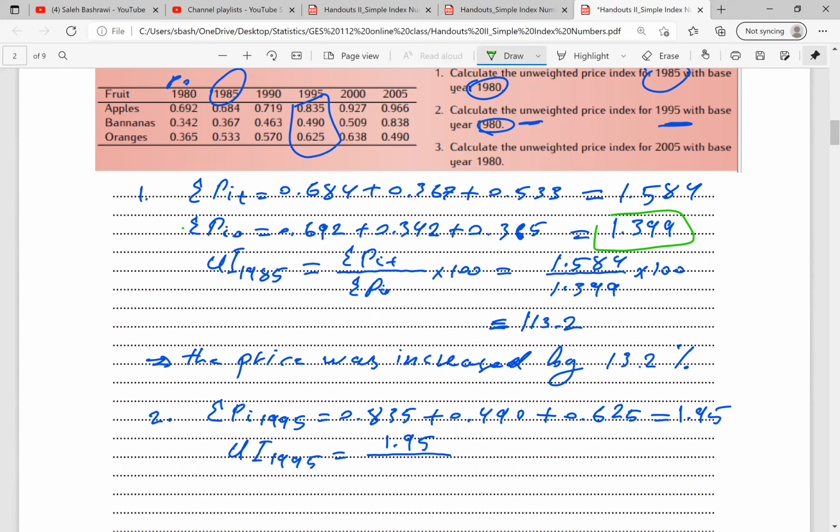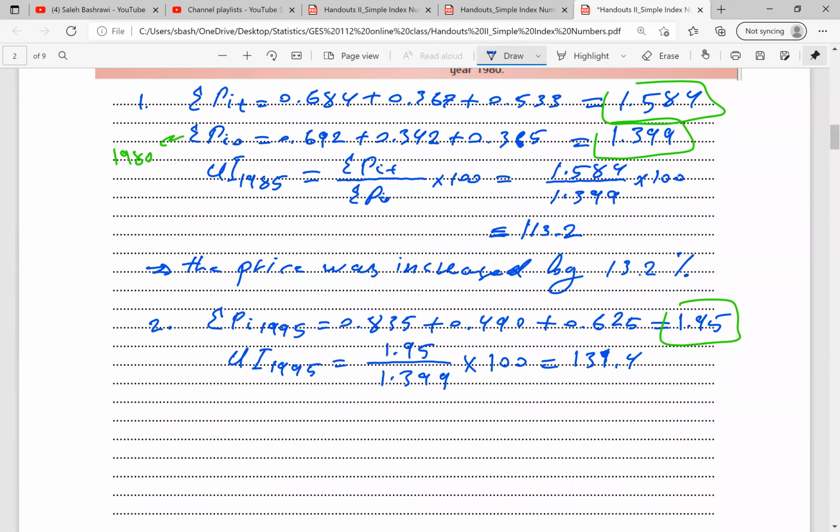This is for base 1980. So divided by 1.399 multiplied by 100 is equal to 139.4.